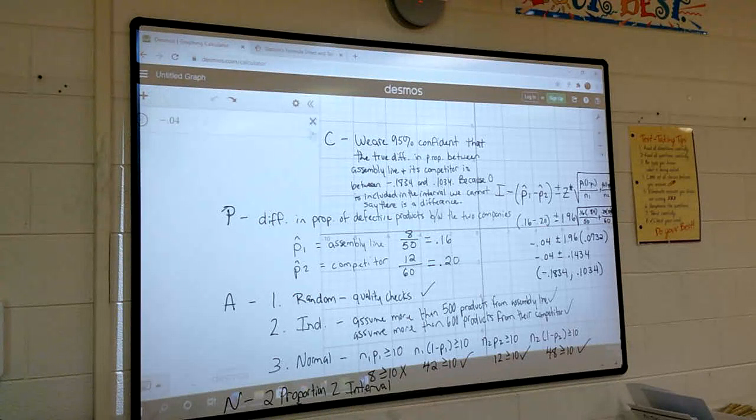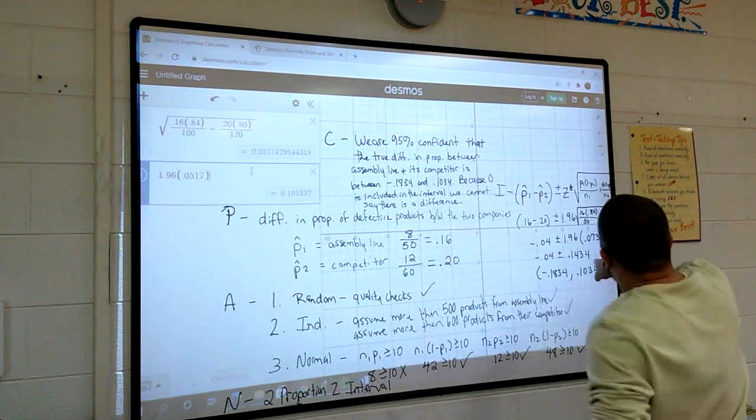All right, so I do the square root of 0.16 times 0.84 over 100 this time, and 0.20 times 0.80 over 120. So now this is 0.0517, and I'm multiplying it by 1.96. So that is my margin of error, 0.1013.